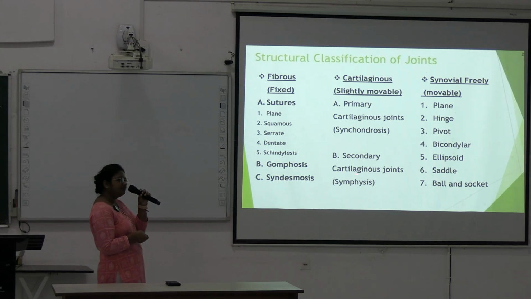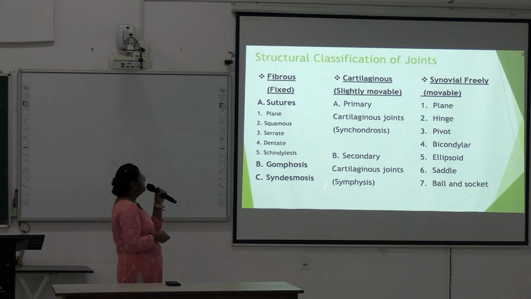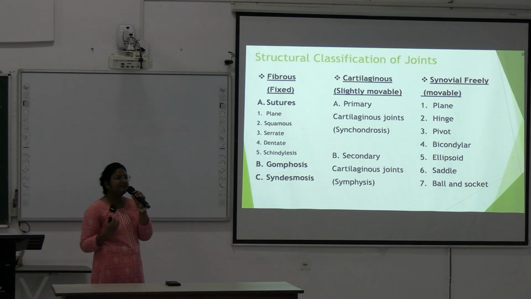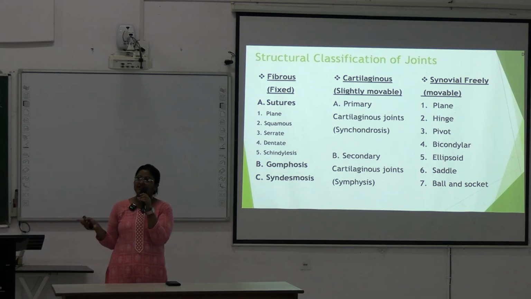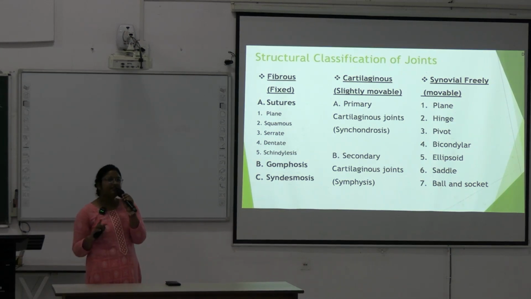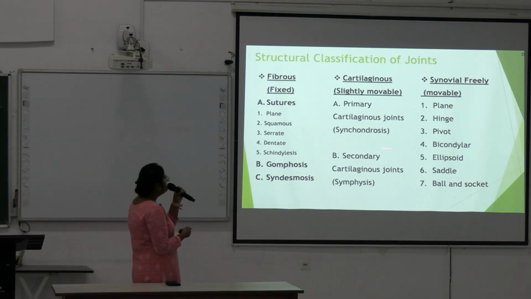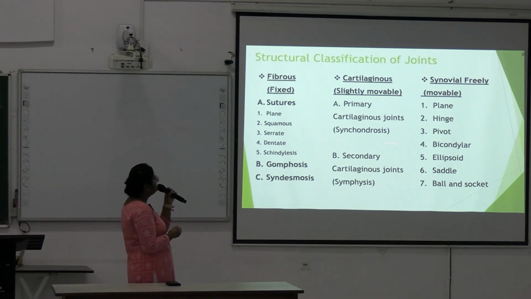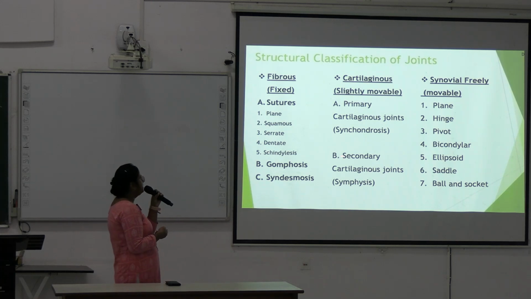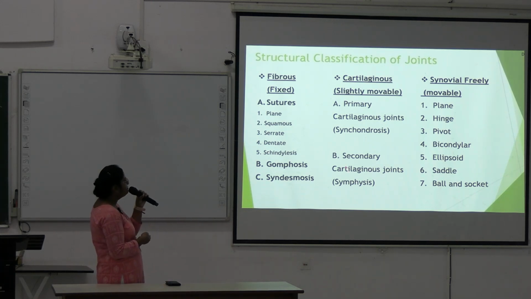Now we will divide the cartilaginous joints. Cartilaginous joints are again of two types: primary cartilaginous joints and secondary cartilaginous joints. Primary cartilaginous joints are known as synchondrosis. Secondary cartilaginous joint is symphysis.